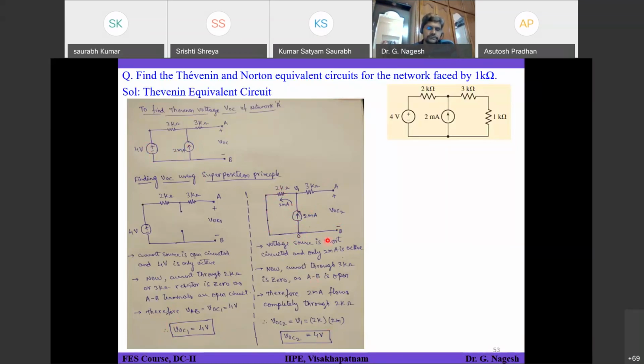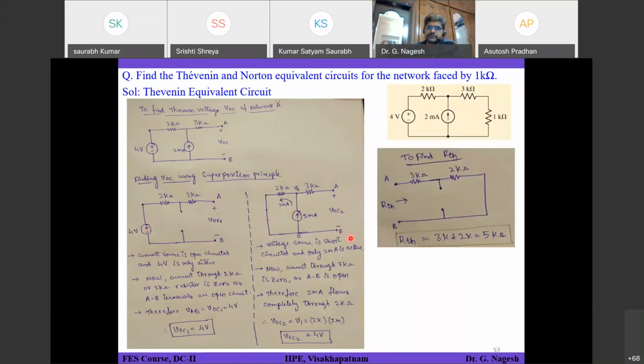So the contribution with the voltage source alone is 4 volts, and with the current source alone is 4 volts. So what is the net voltage appearing across these 2 terminals? It should be 8 volts. Anyway, keep it aside, maybe 8 volts. Let's see that.